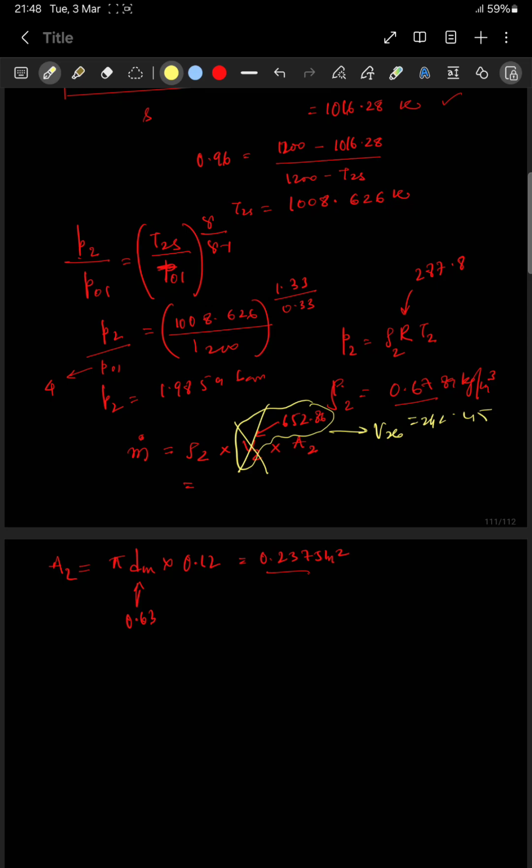So 242.45 into 0.6789 into 0.2375 gives 39.1 kg per second. Now this is the correct answer.